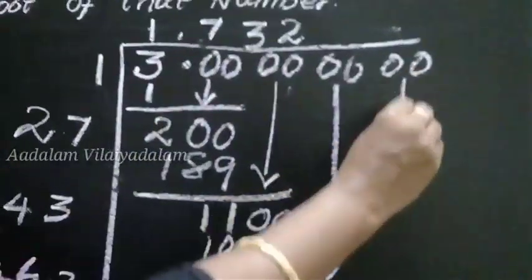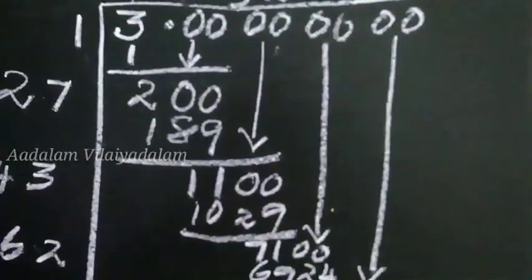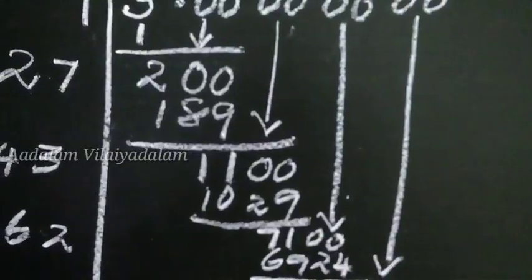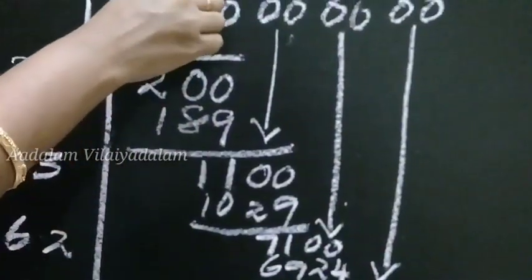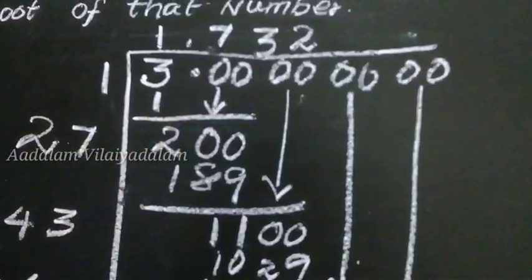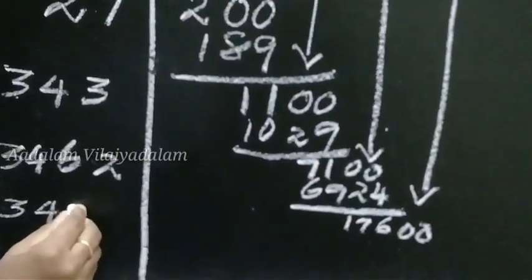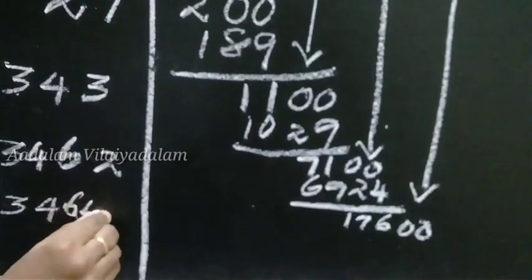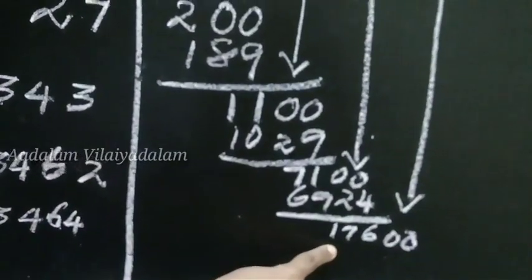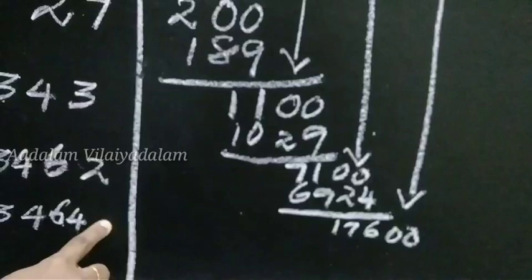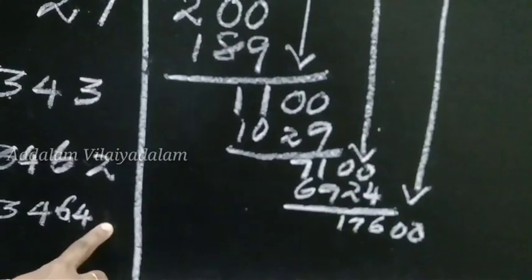Now we write the last pair, 0, 0. Now 1732 into 2, so the answer is 3464. So what is here? 17,000 is there. Put one number here means 34,000 only.